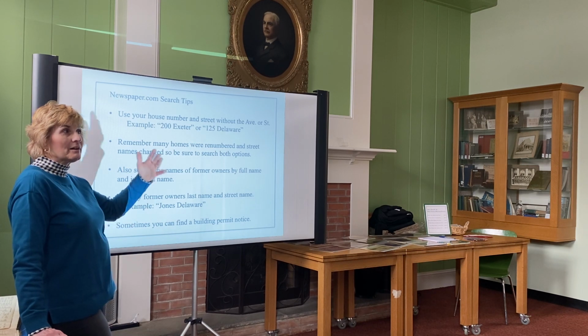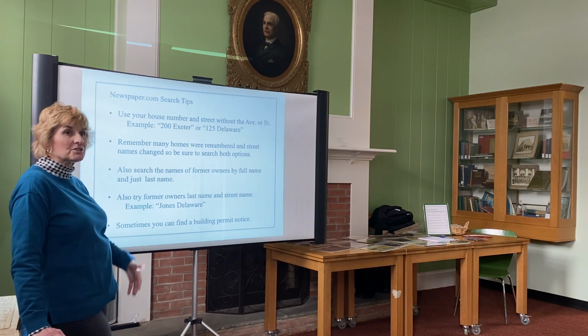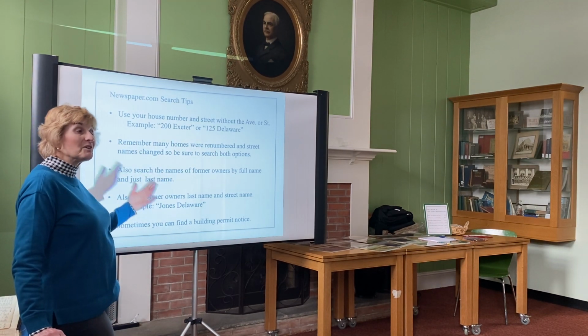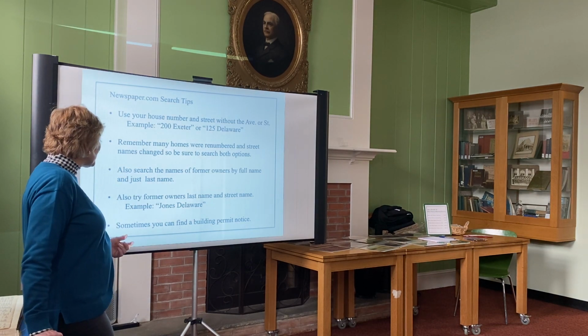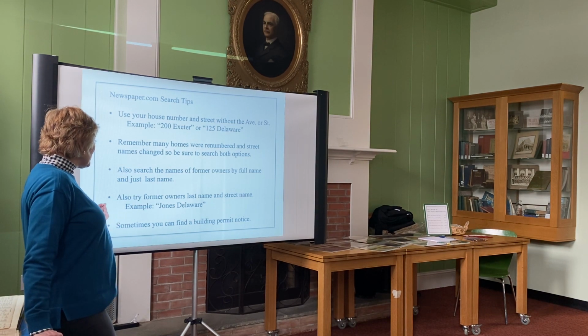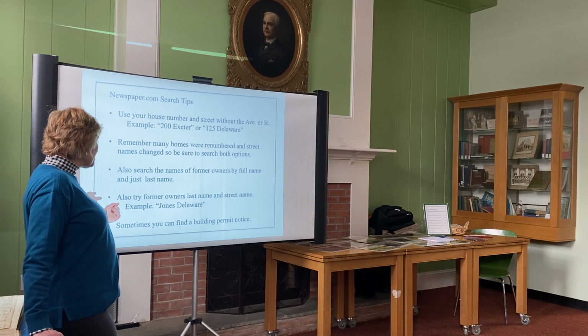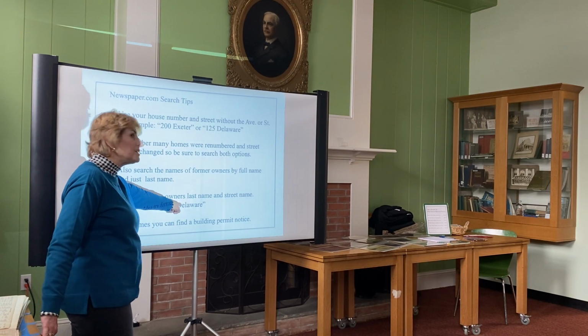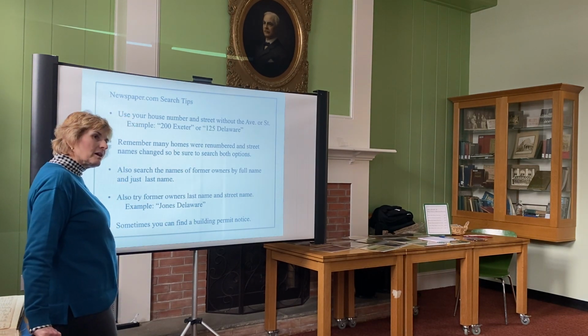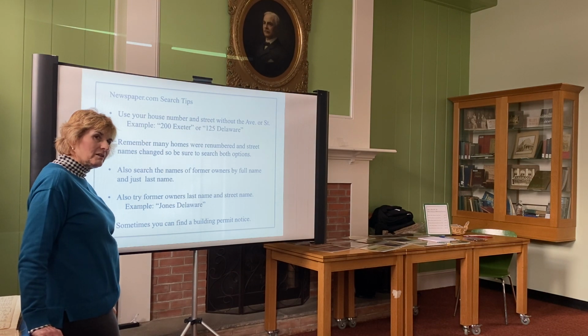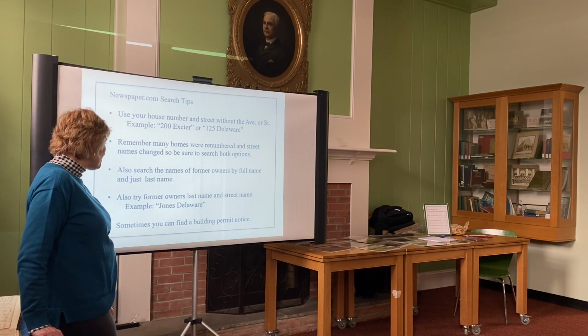So if I go back, I have 3 or 4 different names that I can search through and find out all kinds of fun stuff, which I'm going to show you on the next page. Another thing I do is put the last name of the person and the street name. I find that's helpful as well. So that's another thing that you want to think about.